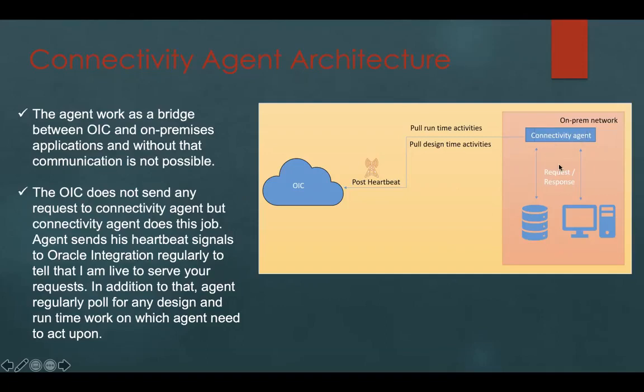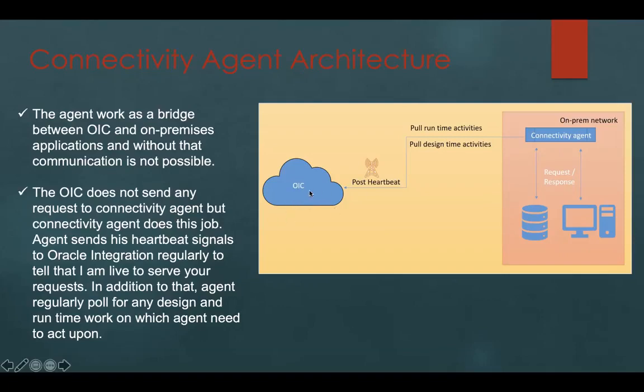It is just like a polling mechanism. The connectivity agent keeps polling the OIC for any work. Let's suppose OIC wants to communicate with the database. So we will use the database adapter and will provide the agent group reference there.